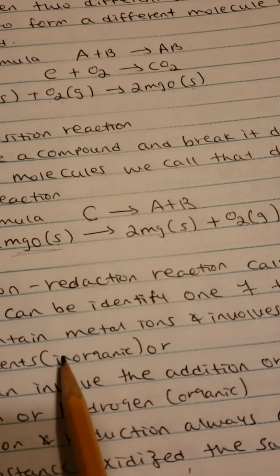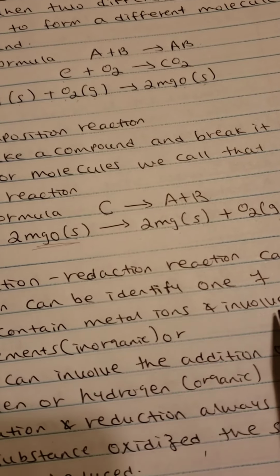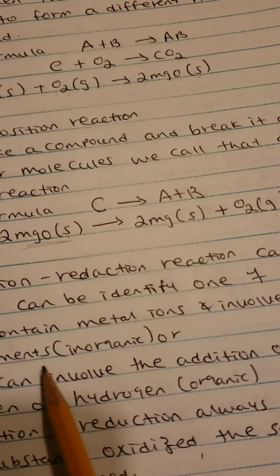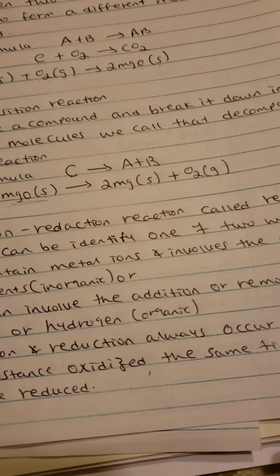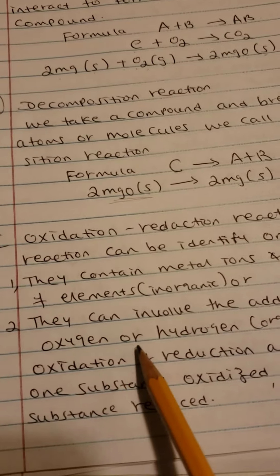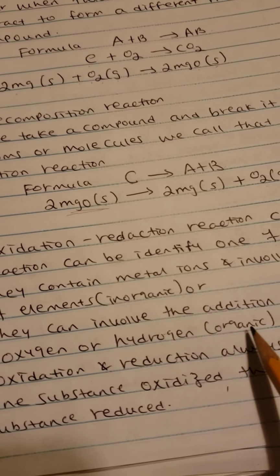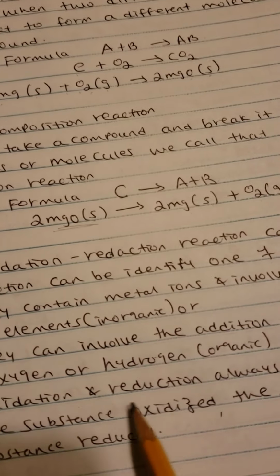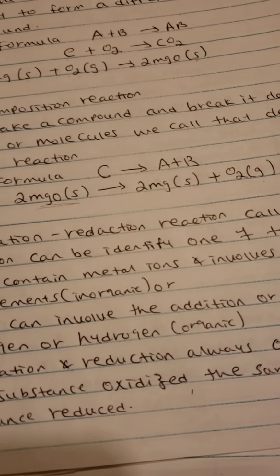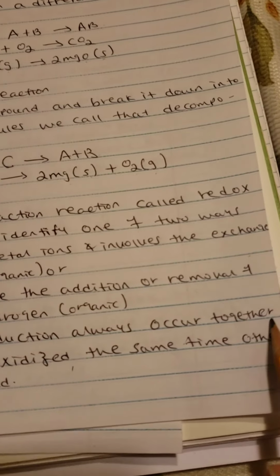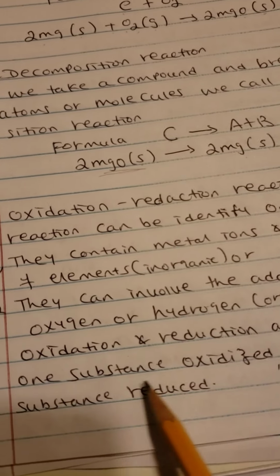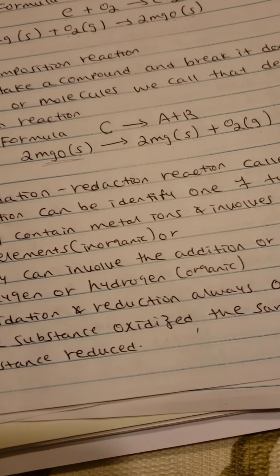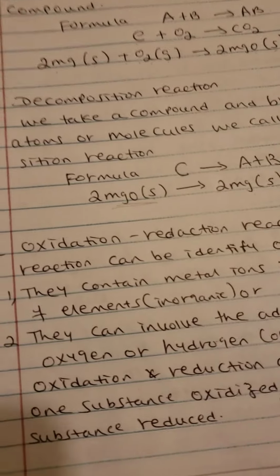They contain metal ions and involve the exchange of electrons, which is inorganic, or they can involve the addition or removal of oxygen or hydrogen, which is organic. Oxidation and reduction always occur together. One substance is oxidized at the same time another substance is reduced.